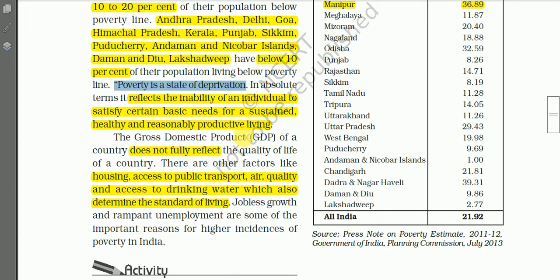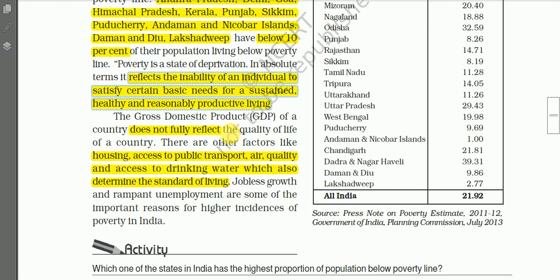And in absolute terms, poverty reflects the inability of an individual to satisfy certain basic needs for a sustained, healthy, and reasonably productive living. So this is the definition of poverty.